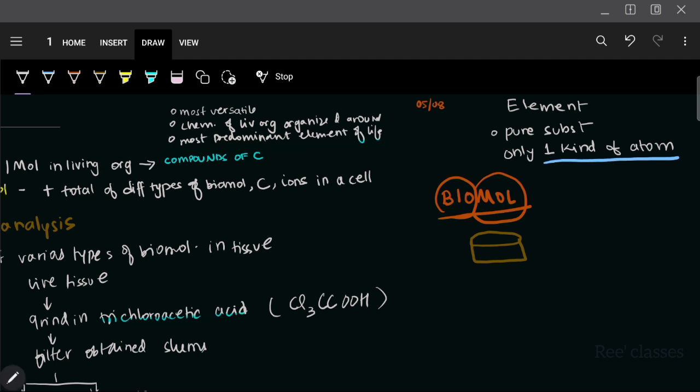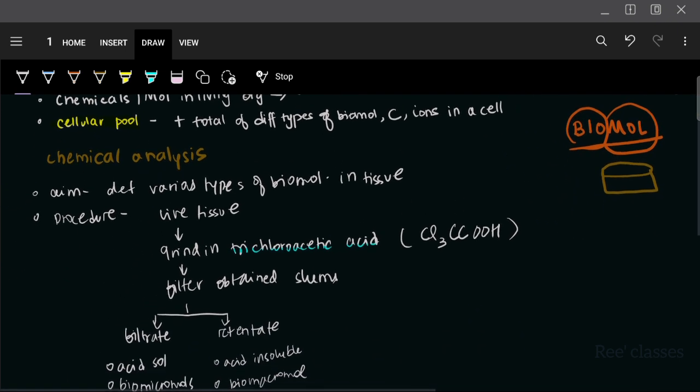The atomic number is basically the number of protons in its nucleus. Like carbon has 6 protons, oxygen has 8 protons, right? So when we say it's this element, however number of atoms it has, all of them will have the same number of protons. So that's what we mean when we say it's one kind of atom.